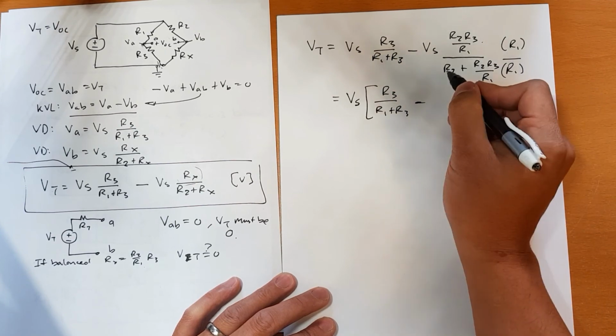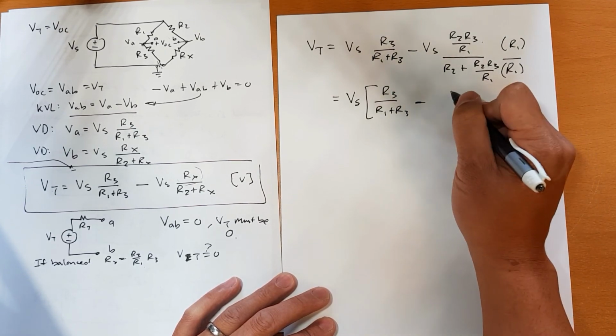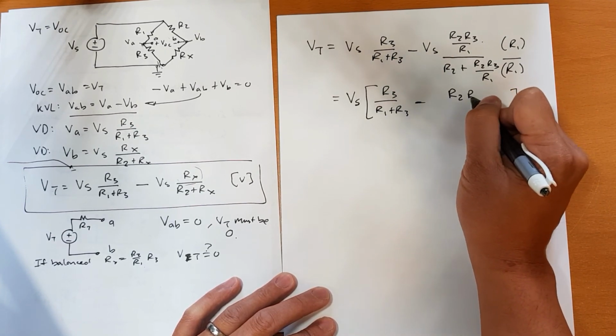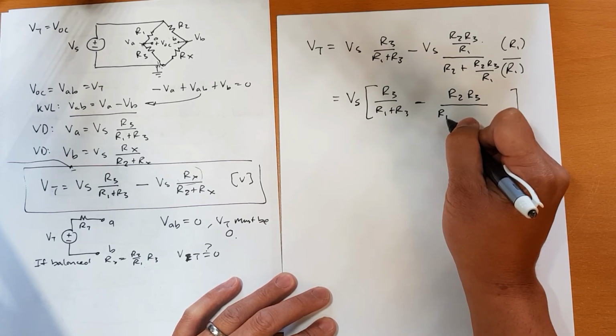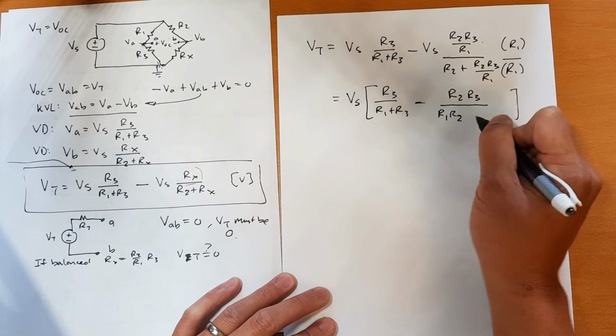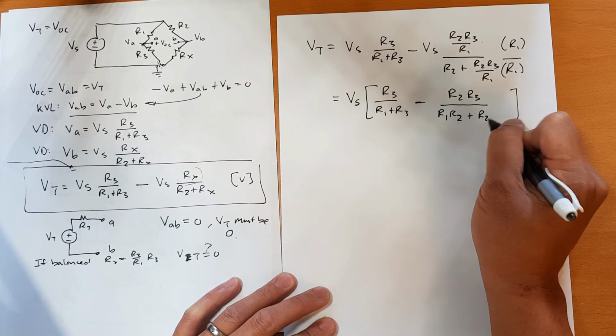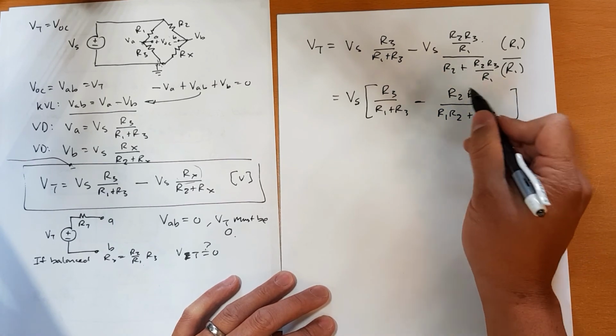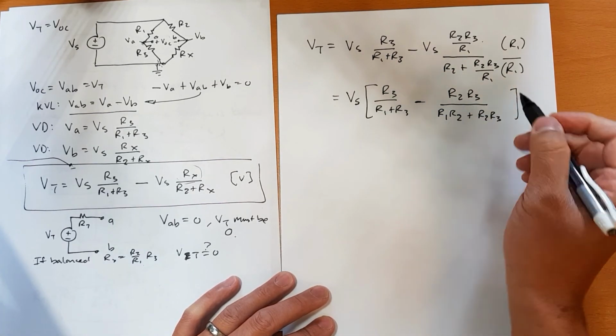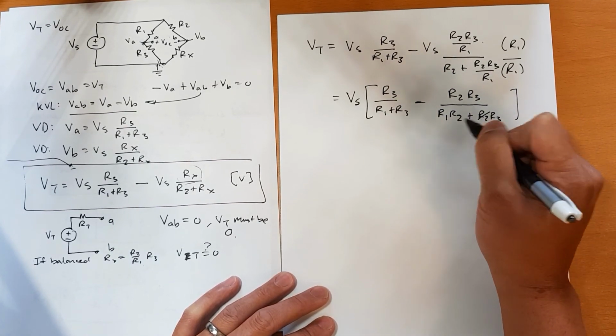And this cancels, but I have an R1 left over here. So I have R2 R3 over R1 R2 plus R2 R3. Okay, if I look at this, is there any more that I can cancel? Oh, sure enough, R2's cancel.